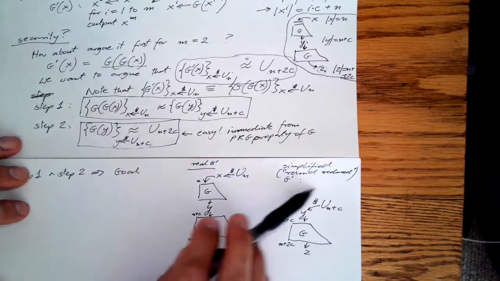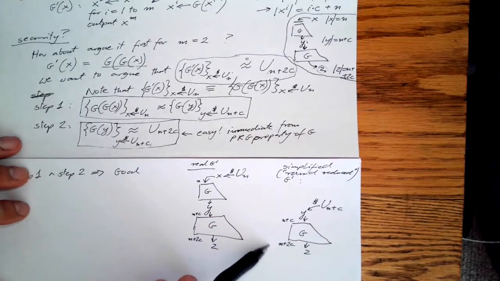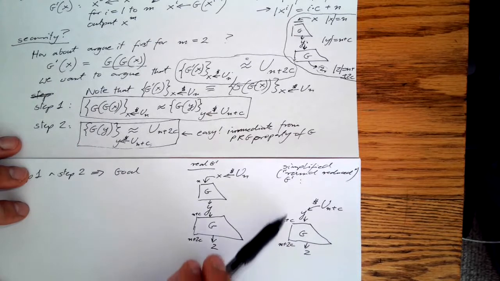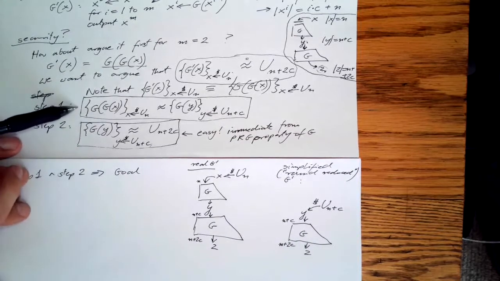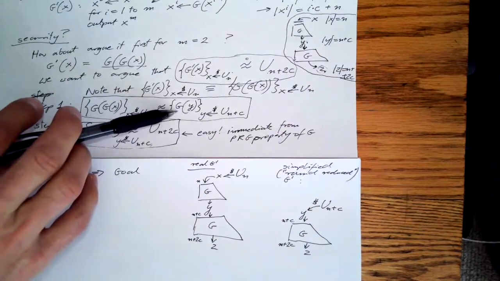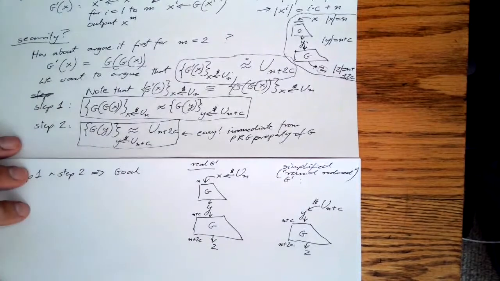You're right that in reality this is not happening, but this will be helpful in arguing that this is secure. Let's consider this simplified construction and argue that the real G prime outputs are indistinguishable from outputs of the simplified one.